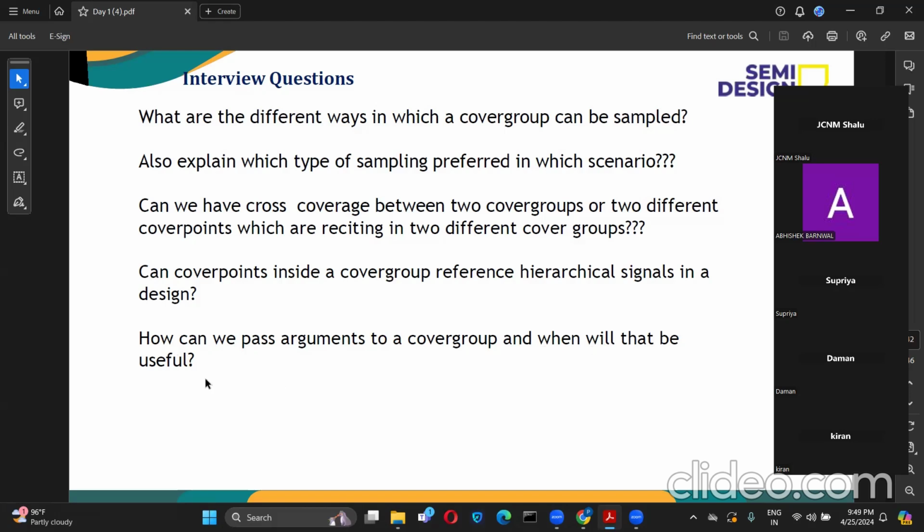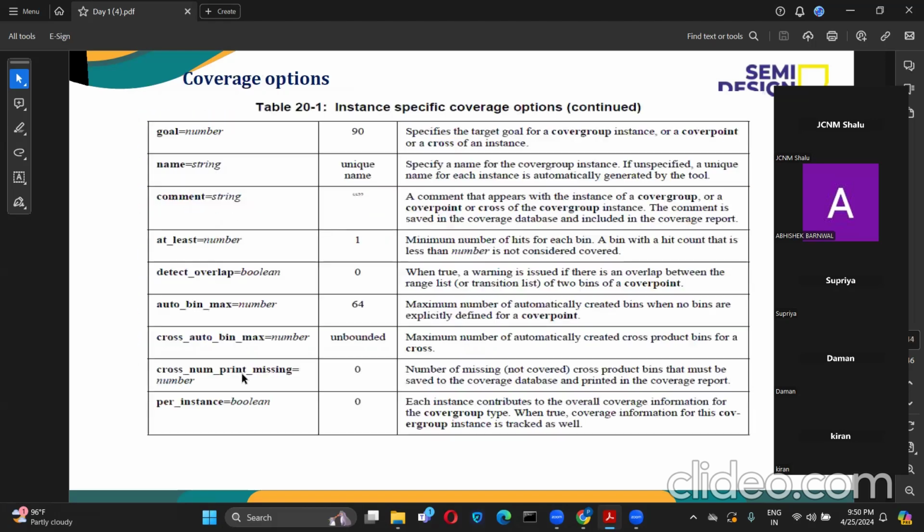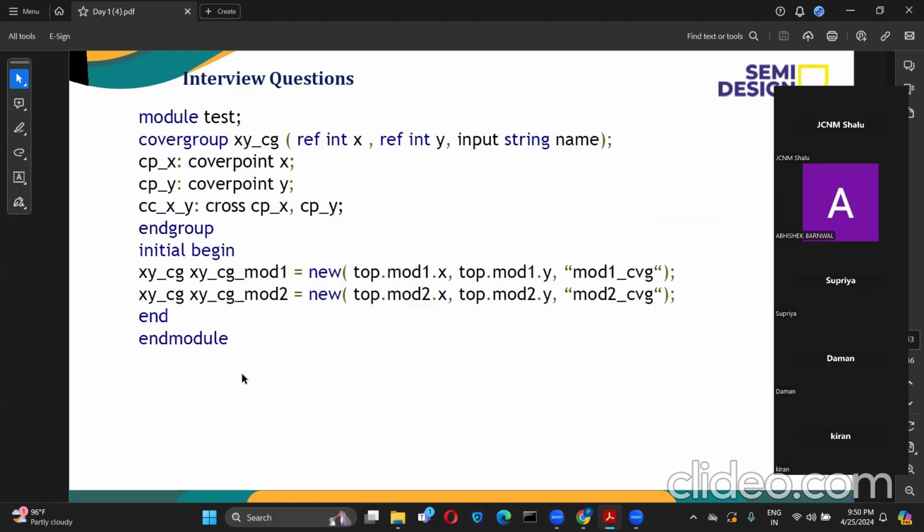Just like how in tasks and functions we pass arguments, can we do it for a cover group? Is it possible or not? Just give a guess, because we haven't discussed it so far. It should be possible. Yeah, it is possible actually.